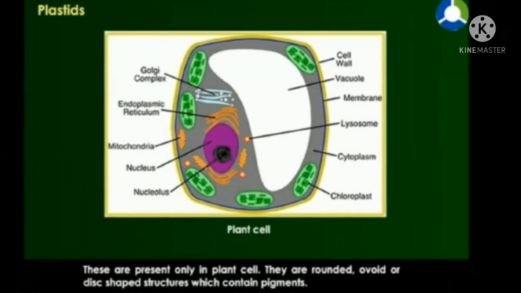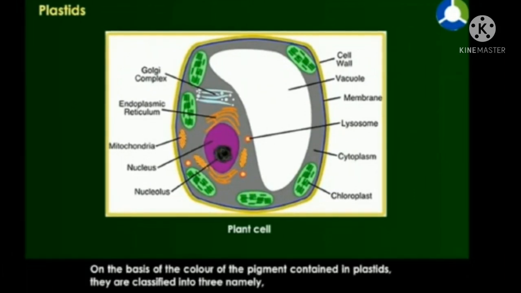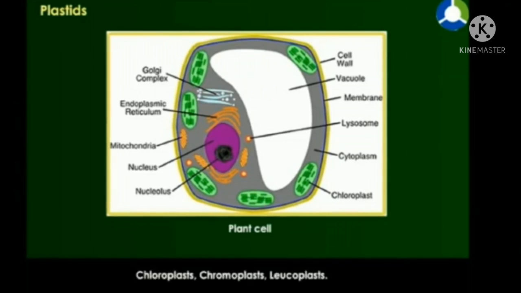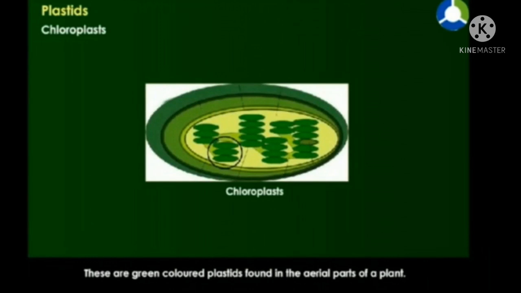Plastids are present only in plant cells. They are rounded, ovoid or disc-shaped structures which contain pigments. On the basis of the color of the pigment contained in plastids, they are classified into three types: chloroplasts, chromoplasts and leucoplasts. The first one is chloroplasts.